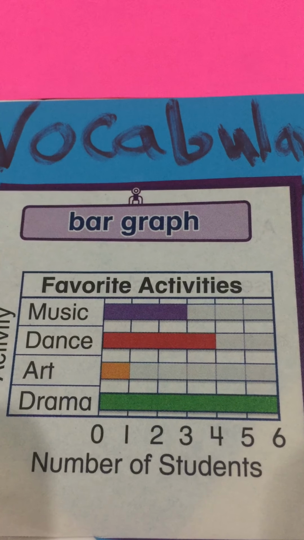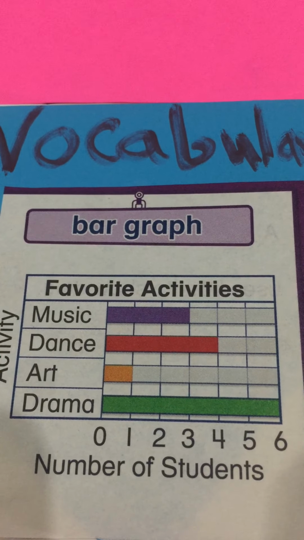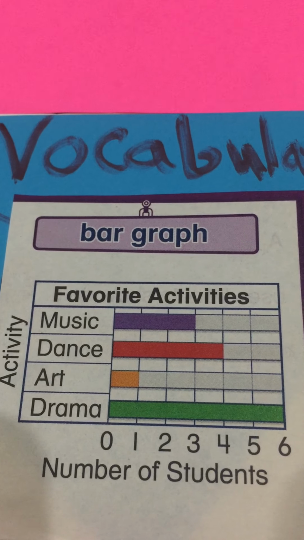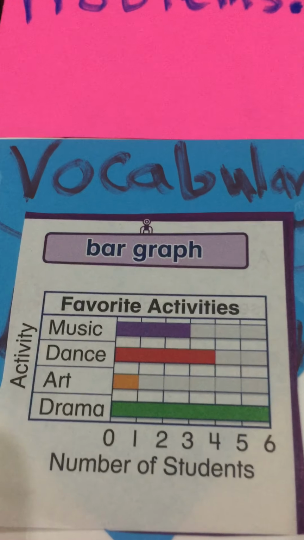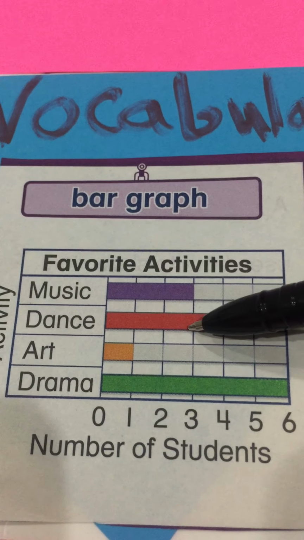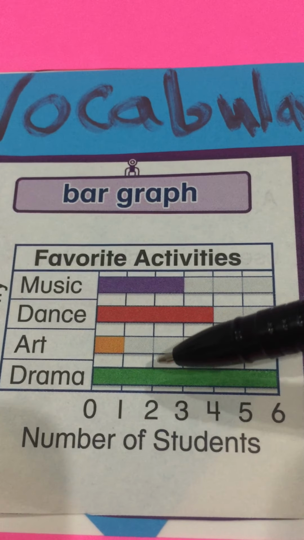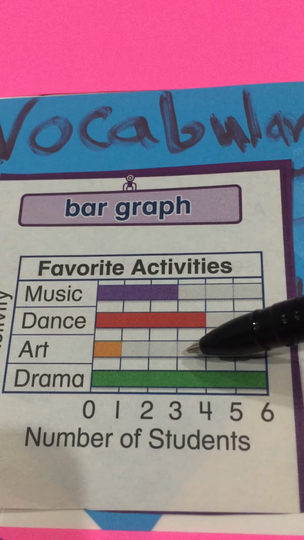We already have data, and we used the data before with the line plot, and we used the plot to represent our data. Today we're gonna use the bar. We will draw bars like this, the purple and the red, the orange and the green. We call this a bar. We're gonna use these bars to graph our data.